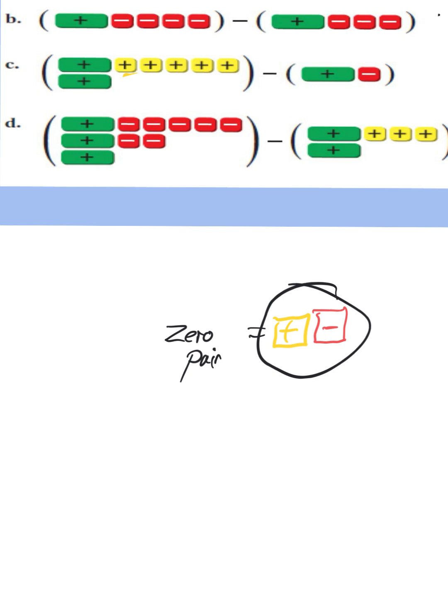Let's look at example D. All right, here's what we have. We have 3 x's and we have 7 negatives. We want to take away, subtract 2 x's and 3 positives. Okay, we don't have this over here, so we're going to need 3 zero pairs. Okay, I did that. I have my 3 positives and my 3 negatives that keep it 0, so I added 0 3 times.